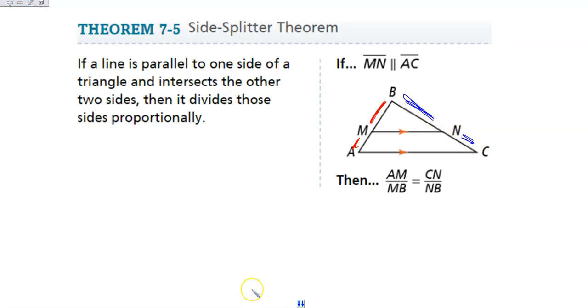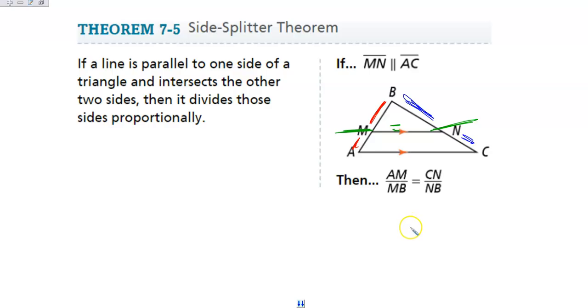What I often tell you guys to do with this, and please do it, it'll make your life so much easier, is draw a fraction bar and an equal sign and a fraction bar. And look what we're going to have. We're going to have MB over AM and BN over NC, which is exactly what we have down here.